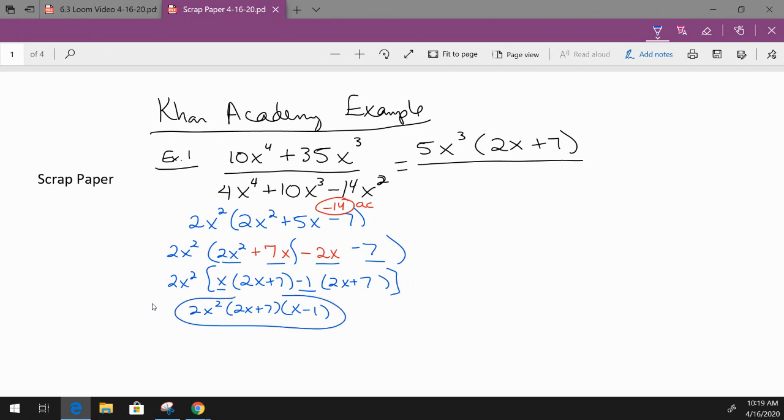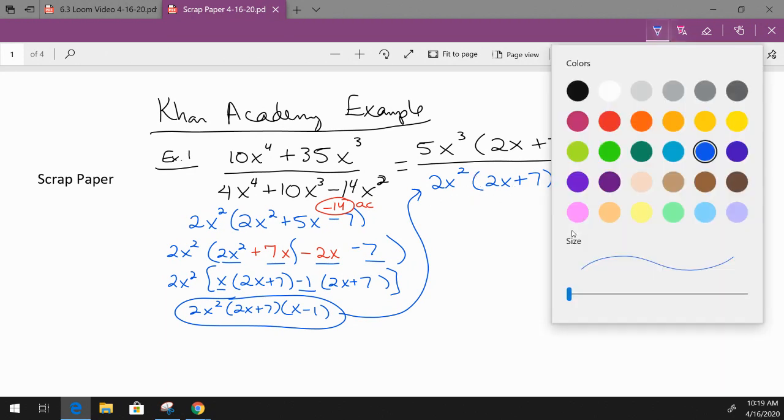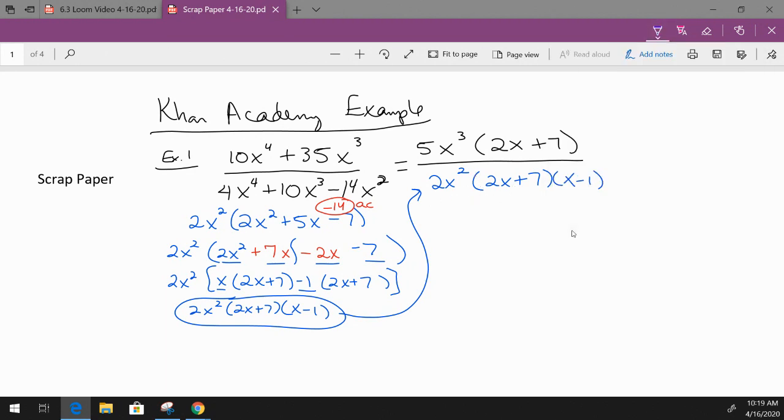So all this is going to go back up in here. So we've got 2x squared, 2x plus 7, and x minus 1. So again, before I reduce and start canceling things out or reducing any common factors, I want to state my undefined values.